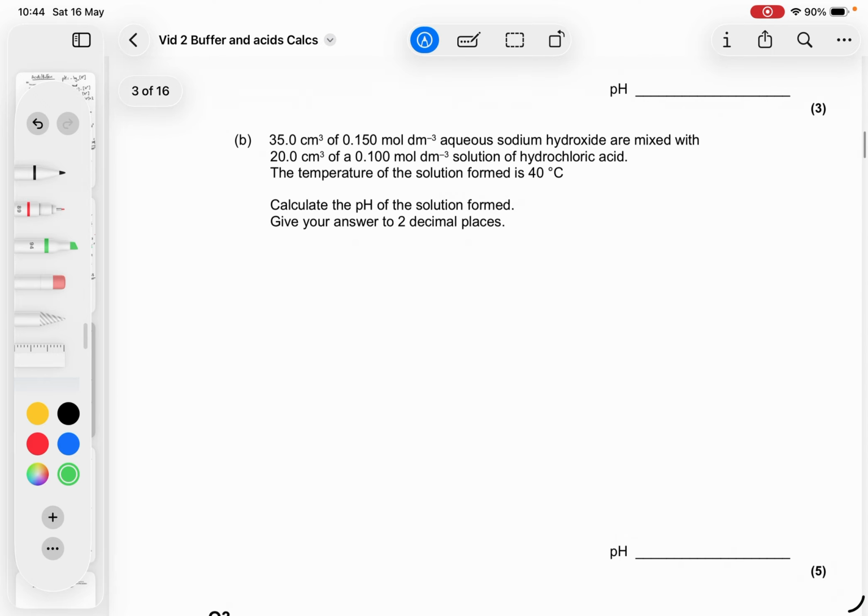Now the next question is another very, very popular question, which is an acid-base question. Look, acid-base. Key information here. You know the volume and concentration of sodium hydroxide.